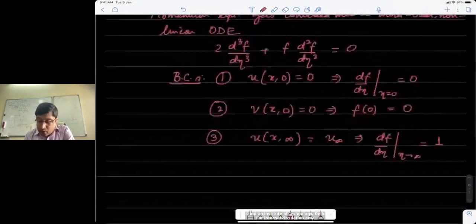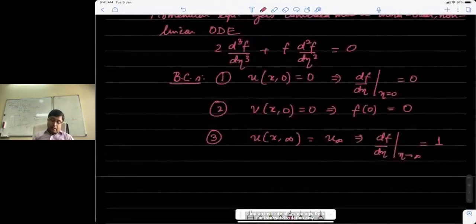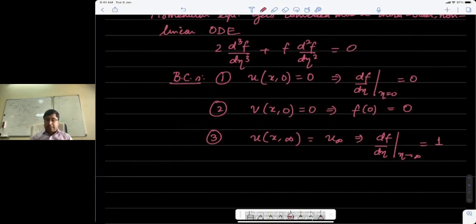Now, this is the nonlinear ODE with these 3 boundary conditions. The most convenient way, I would say, of solving this ODE with these boundary conditions is to do it numerically. And we have all done that.